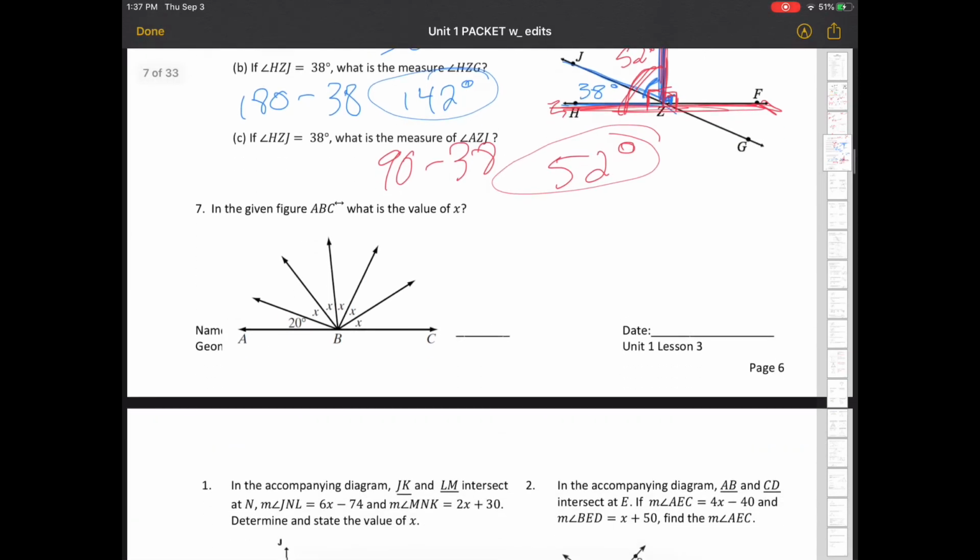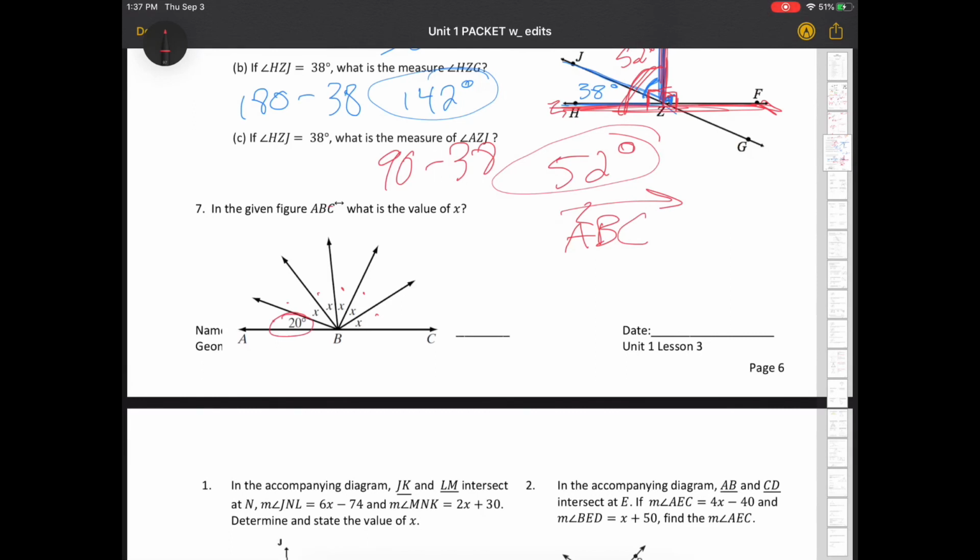Last question. In the figure given, line ABC, what is the value of x? We have 1, 2, 3, 4, 5, 6 angles here along a straight line. No matter what, all of these angles have to add to 180 degrees. We already have that this one's 20.